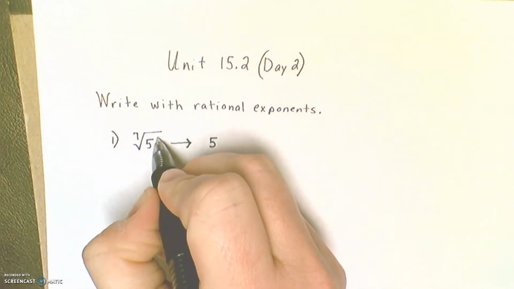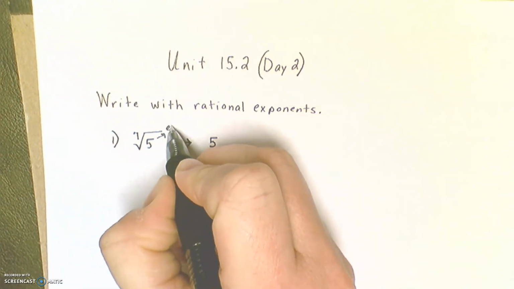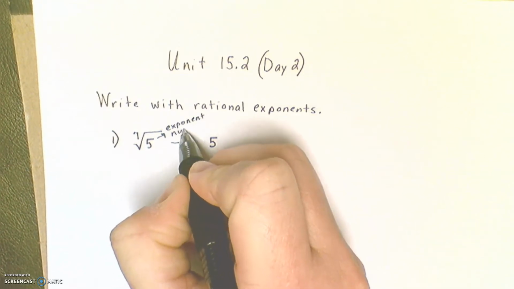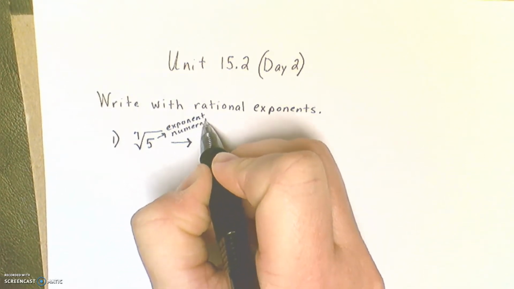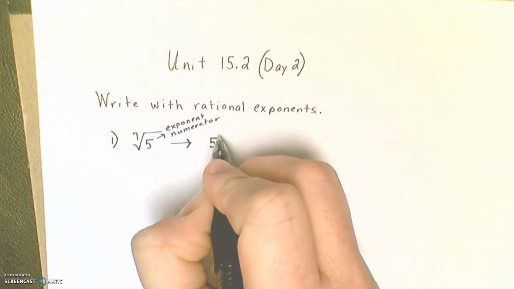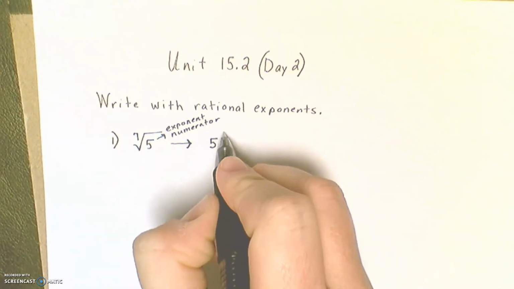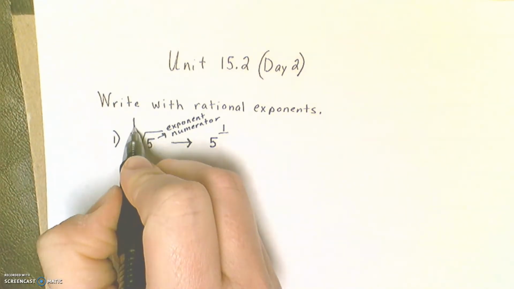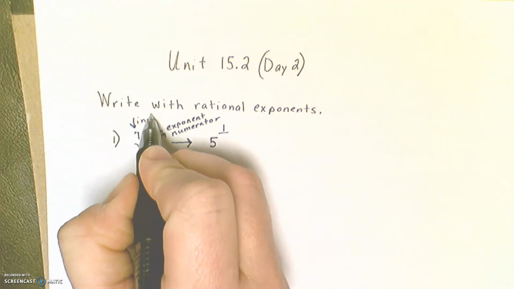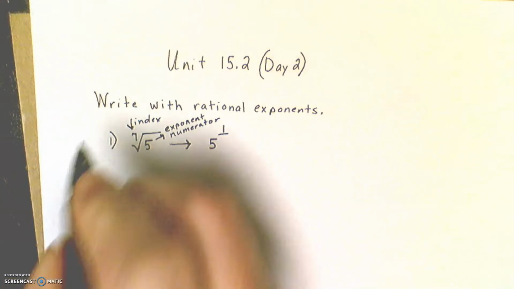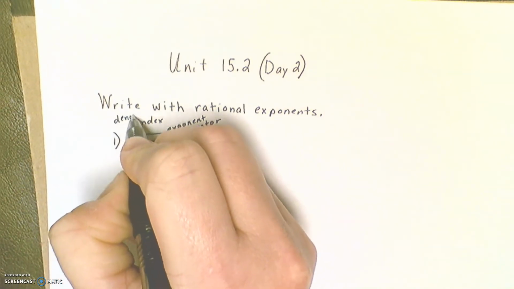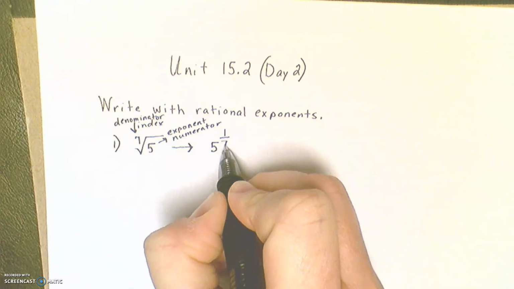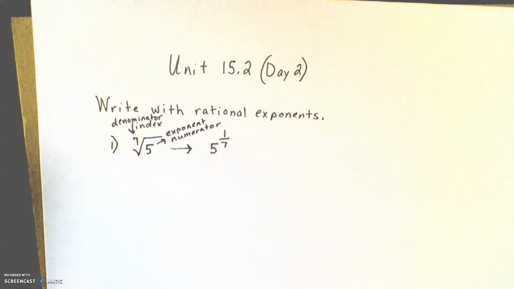The numerator is going to be your exponent. So once you identify the numerator or the exponent, invisible 1, this is your numerator. The index is your denominator, 7. So 5 to the 1/7.